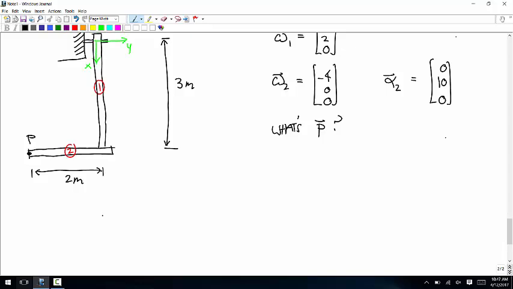Right, so is the origin accelerating? No, that's good news. Are the axes rotating? Yes.